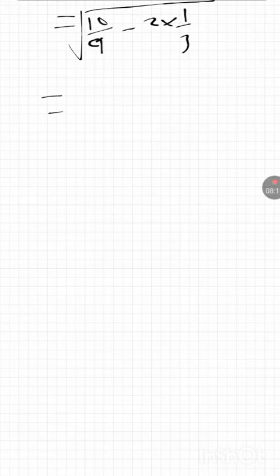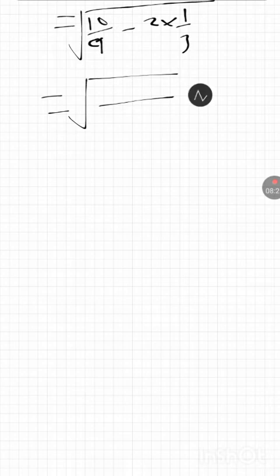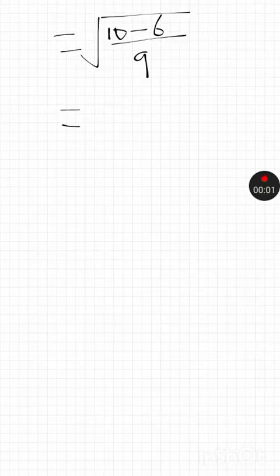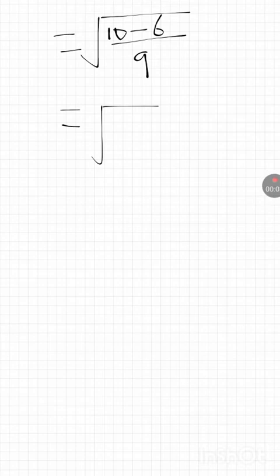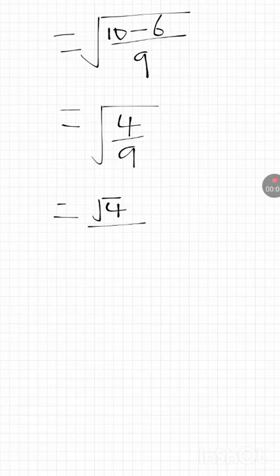Therefore, I have the square root of, LCM of 3 and 9 still remains 9. 9 goes in 9, I have 10, minus, 3 goes in 9, that is 3 times 2, 6. So the answer is now 10 minus 6, that is 4 over 9. So this is the same thing as square root of 4 over square root of 9. Then my final answer will be 2 over 3.